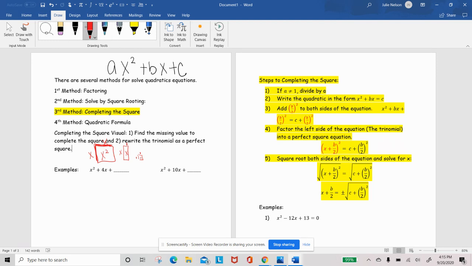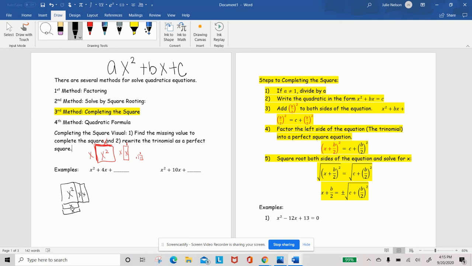Okay. So first thing I want to do is x squared is a big square. And if I have 4 x's, it's only fair that I have 2 going to the right and 2 going at the bottom here.